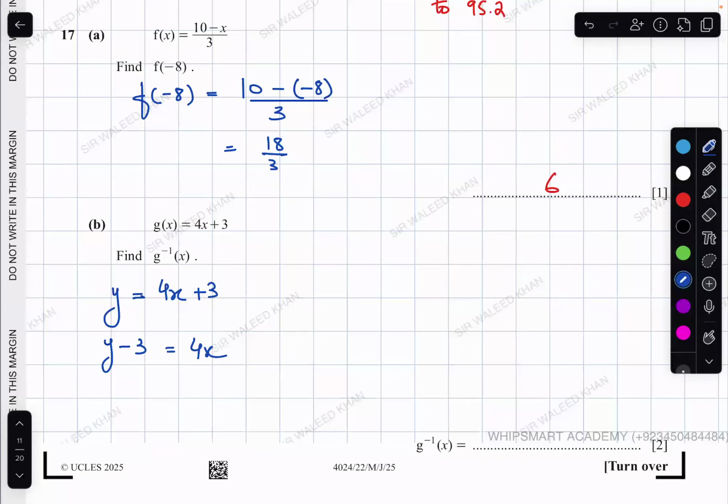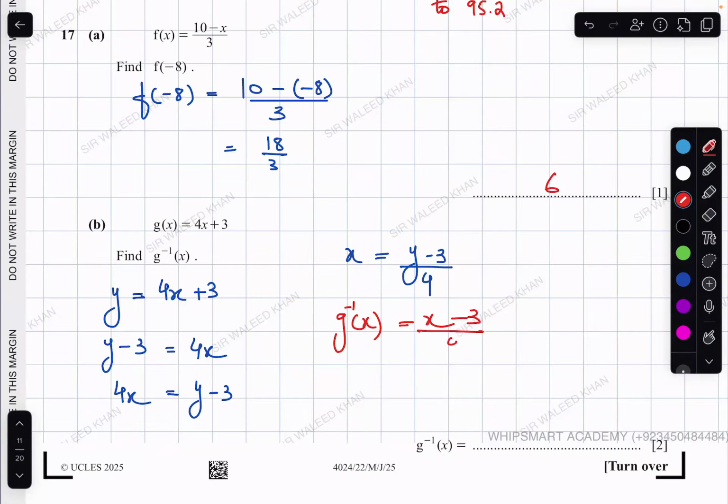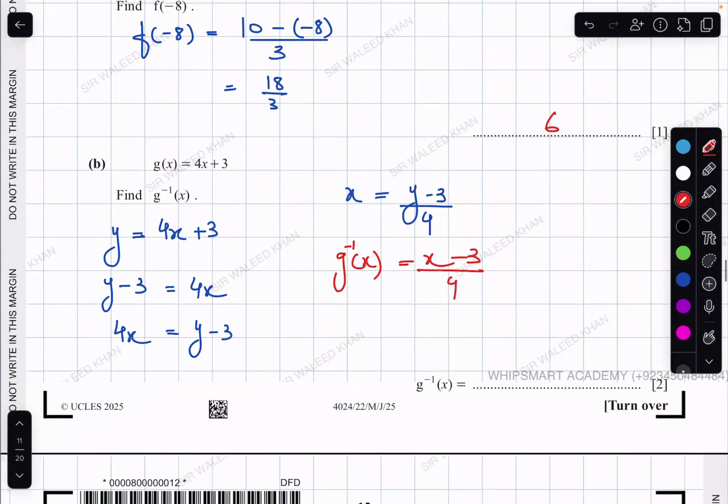Left hand side is equal to right hand side, I can switch the place. So x is equal to y minus 3 over 4. Now for the final step, I'm going to replace x with g inverse of x and y with x. These three steps.